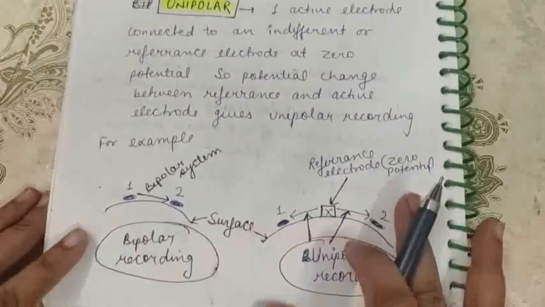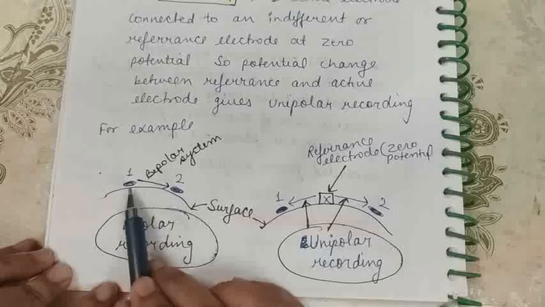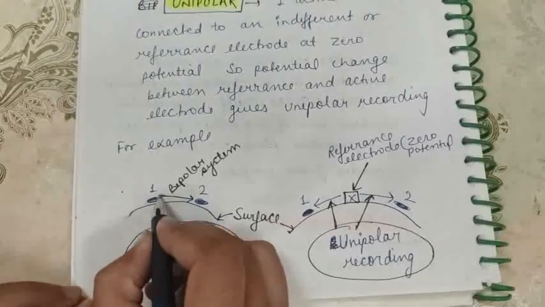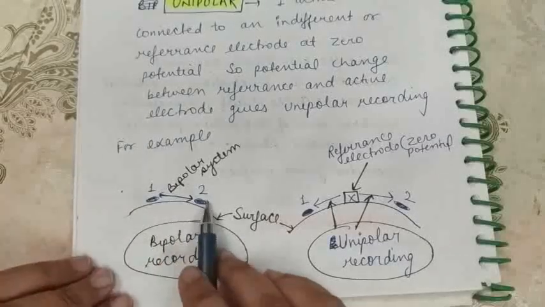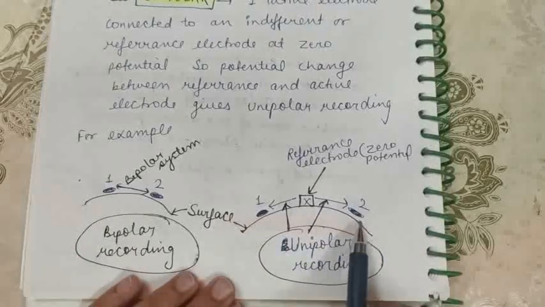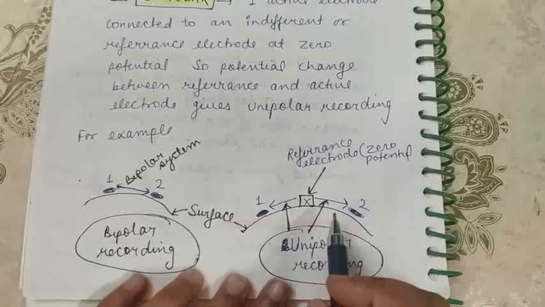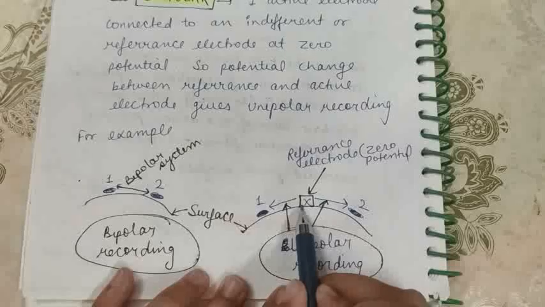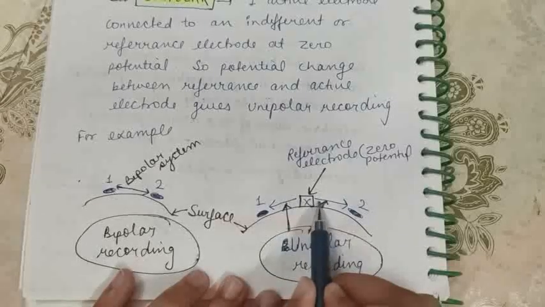Okay, like this. There is one electrode, two electrodes, both are active electrodes. When we measure the potential change between the two, with one taken as positive and one negative, it is bipolar recording. But for example, if we apply two electrodes, 1 and 2, both active electrodes, and we instruct the machine that this is a reference point, then with reference to this point we have to monitor the electrode.